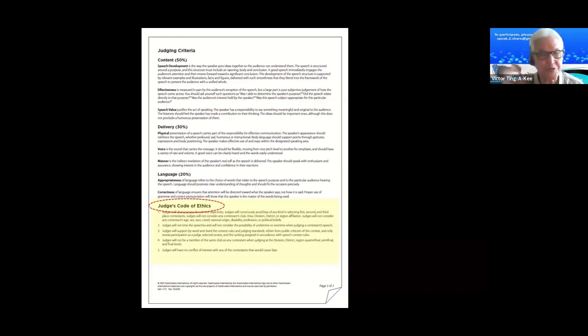Also, in order to avoid any bias, you cannot be a member of the same club as the particular speaker, because of course that is a presumption of bias immediately. So whether you're judging at the division, district, region, area, or any of those levels, you cannot.